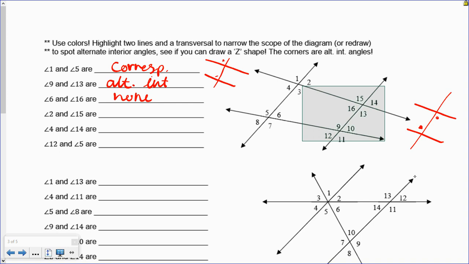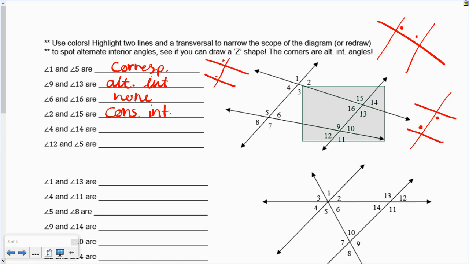All right, what about 2 and 15? None. It's consecutive interior. Let's redraw the picture, for those of you who need to see the visual. 2 and 15 are right here. You see 2 and 15 are right here? So I can redraw the picture like this.